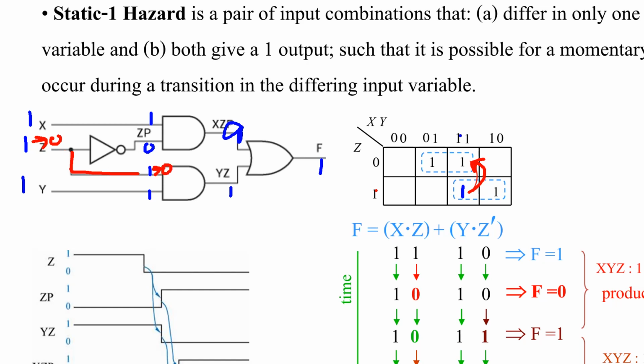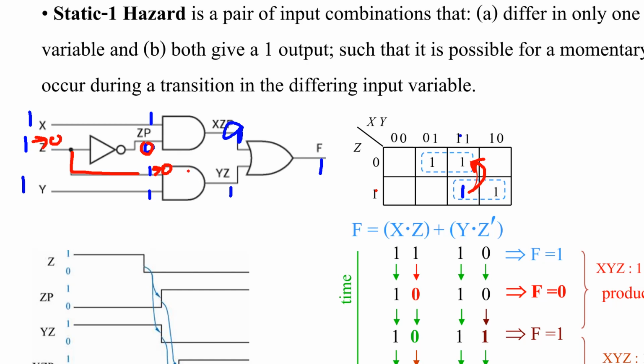Because it's connected directly. But at this point, if there is some propagation delay of this inverter, it's not 1 suddenly. It waits, right? Wait some maybe nanoseconds.